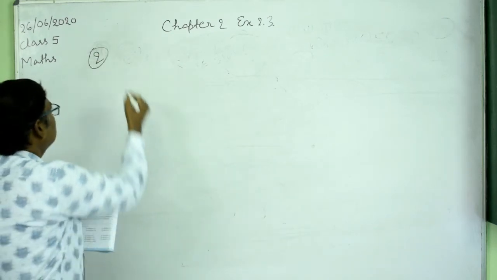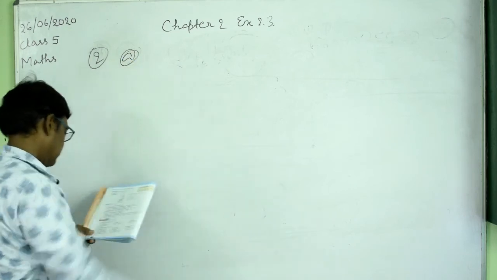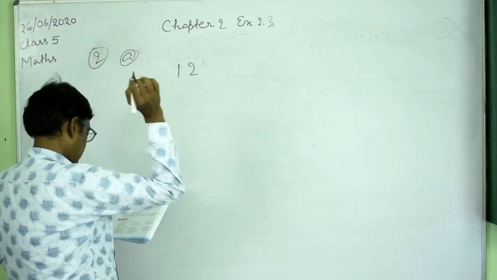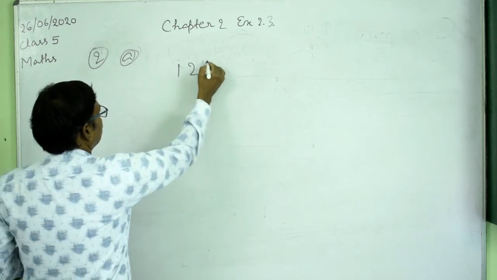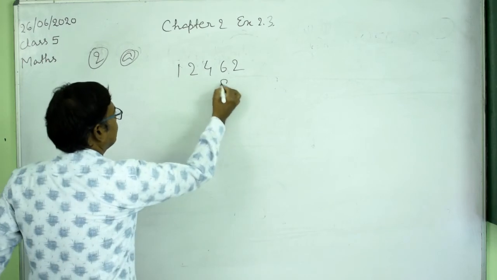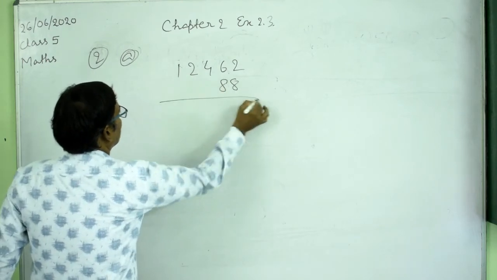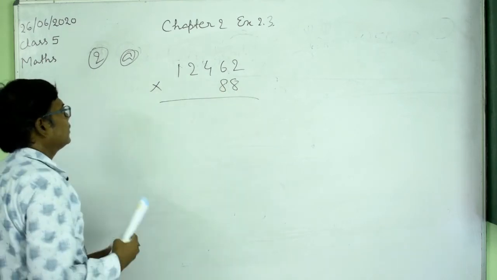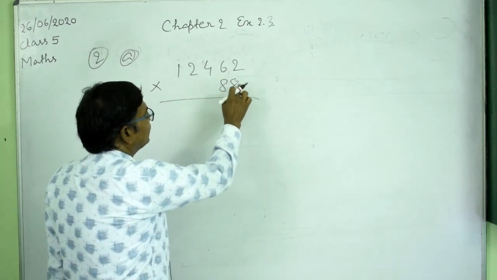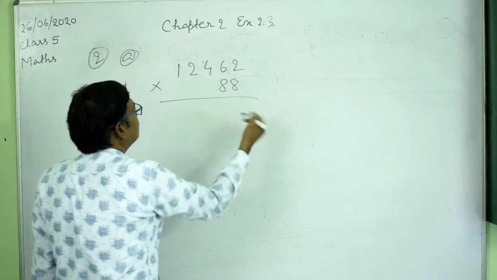In this see here A. Okay, you have the number 12462 here, and the other number is 88. So we have to multiply. So how will you multiply here? First you will multiply by the 8 ones. Okay, 8 ones.